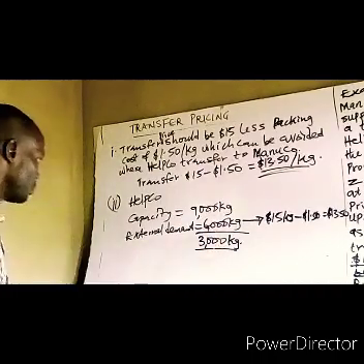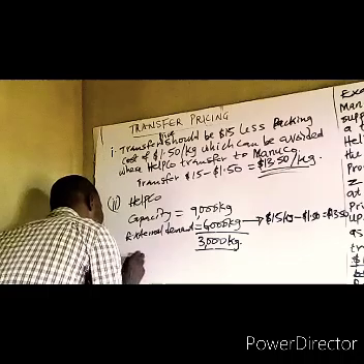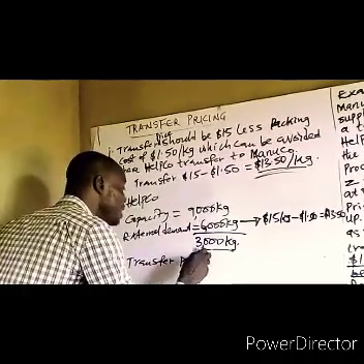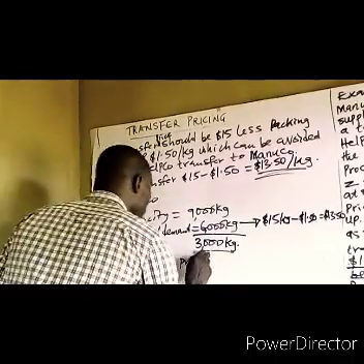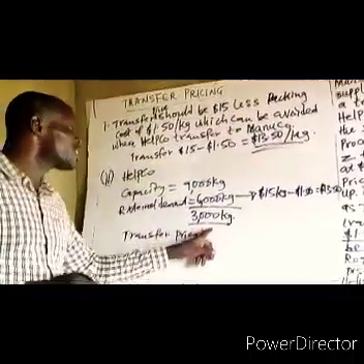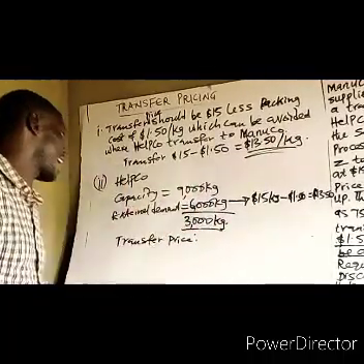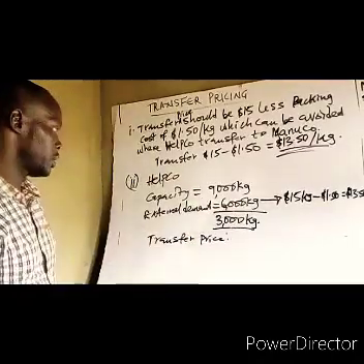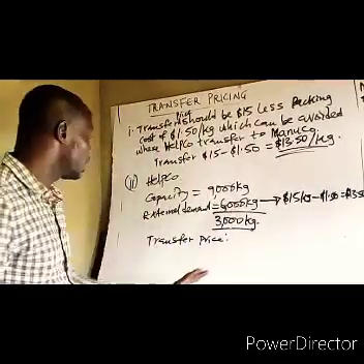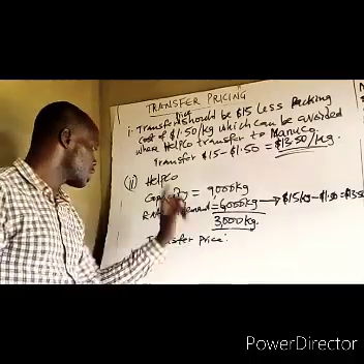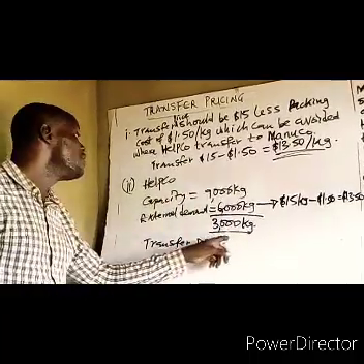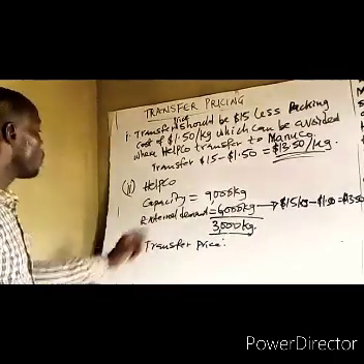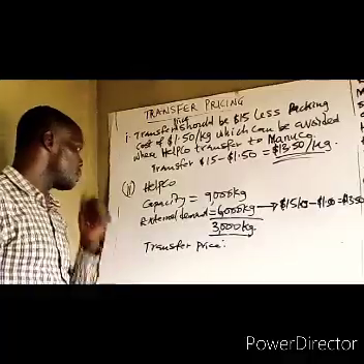The transfer price should be the variable cost plus the opportunity cost of making the transfer, because anytime there is a capacity limitation or demand limitation, you use the opportunity cost approach. So you will need the variable cost of production.